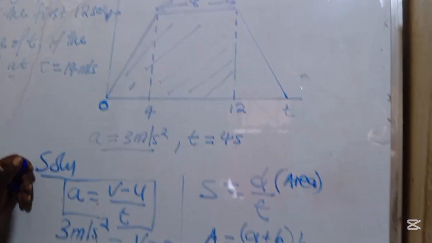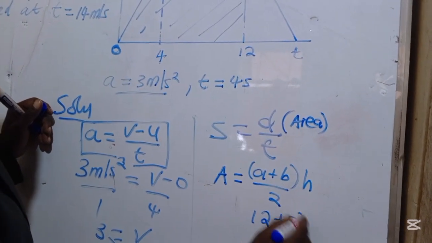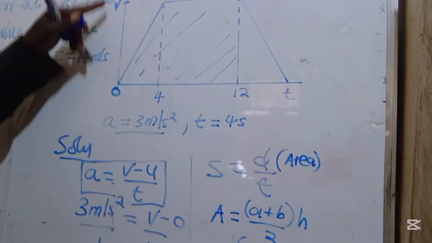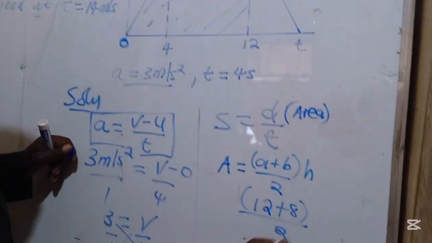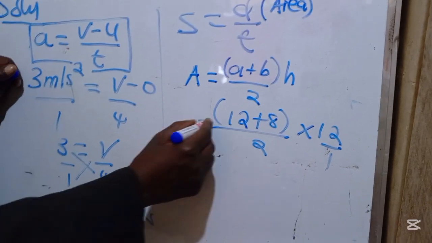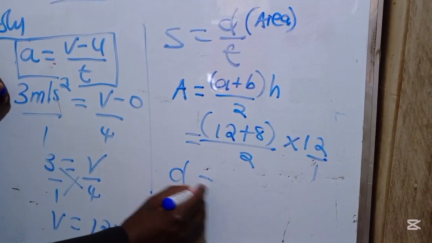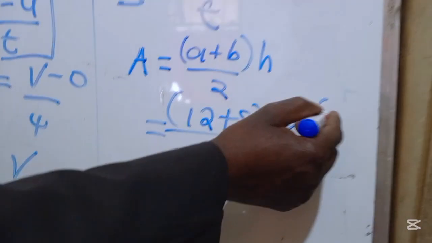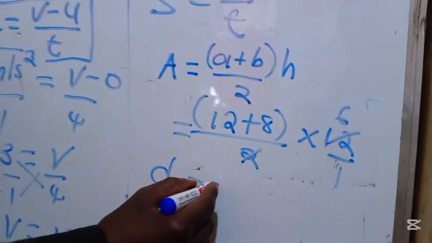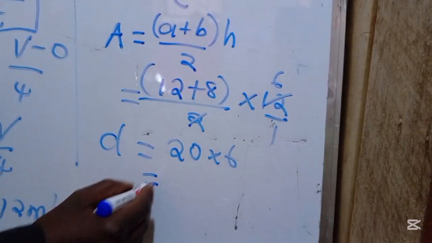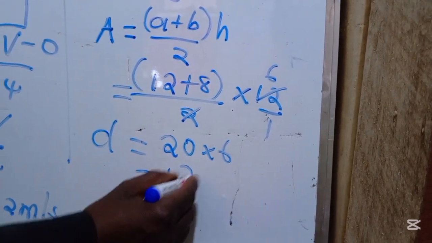So you just agree that 12 plus 8 bracket over 2, times the height we found, which is v, 12. Looking for distance, 2 there 1, 2 there 6. When you add the 2, it is 20 multiplied by 6. Don't stress yourself. This is 120 meters.